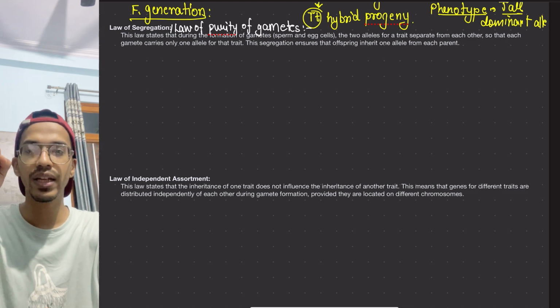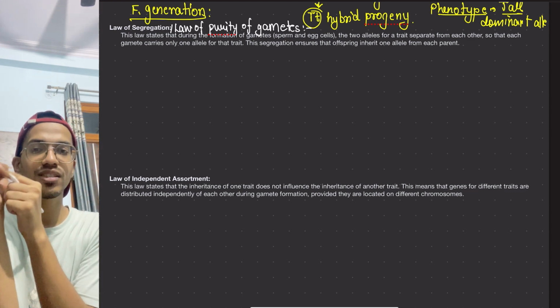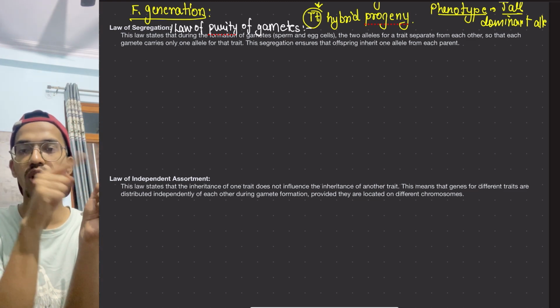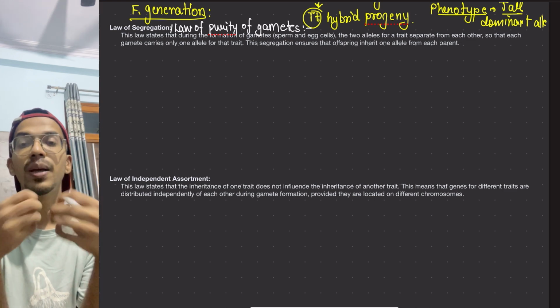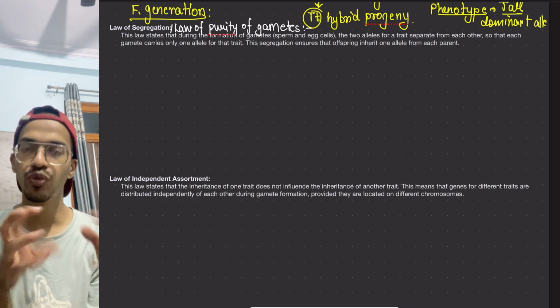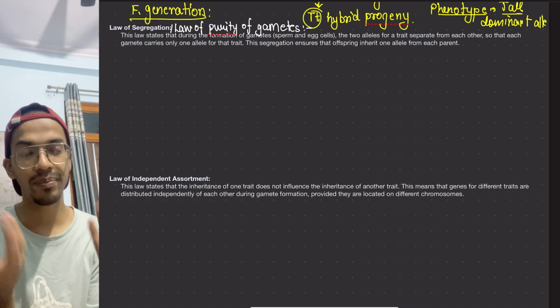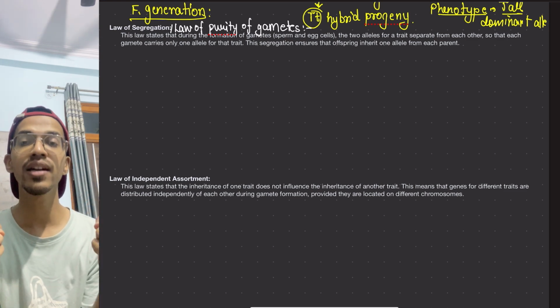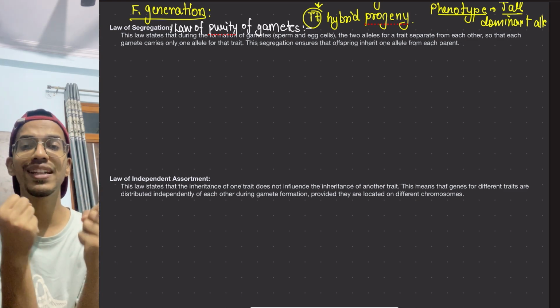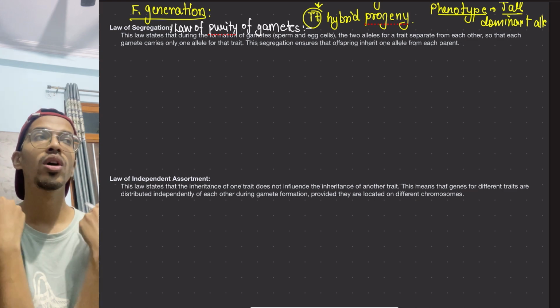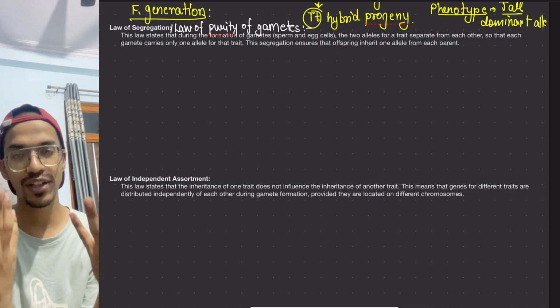Now when they are doing it, is this contaminating this, or is this contaminating this? No, the pureness is still intact. No one is contaminating it. Means when segregation is occurring, the pure form of the allele is coming up. No contamination occurs.